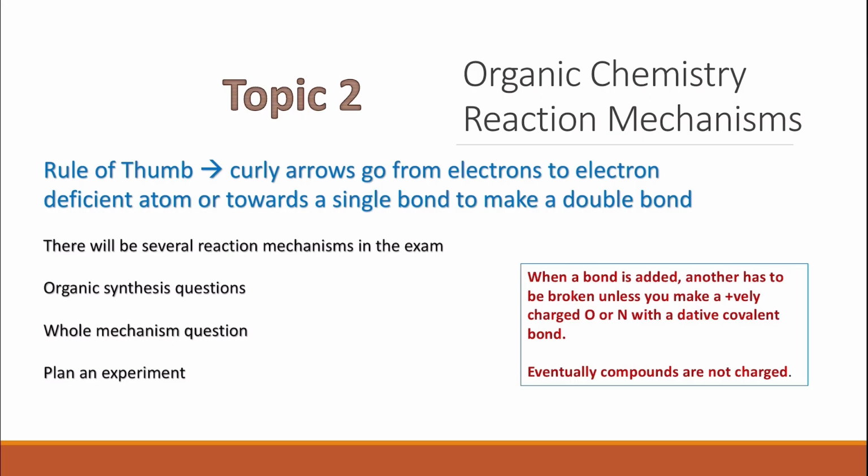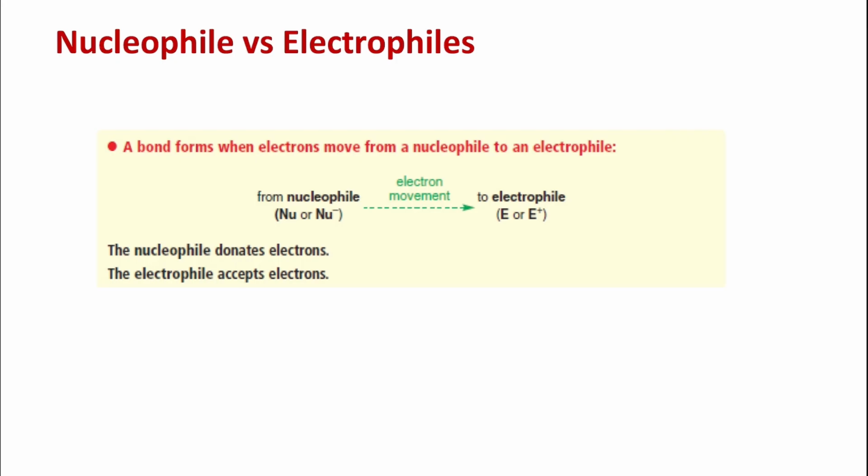So before I go quickly over the type of reactions that you need to go over for your exam, I will quickly go over nucleophiles and electrophiles, because they are very important in any reaction mechanism. So a bond is formed when electrons move from a nucleophile to an electrophile. Nucleophiles could be anything that has a lone pair of electrons, like nitrogen with a lone pair, an amine, water, or an alcohol with the oxygen with the lone pair.